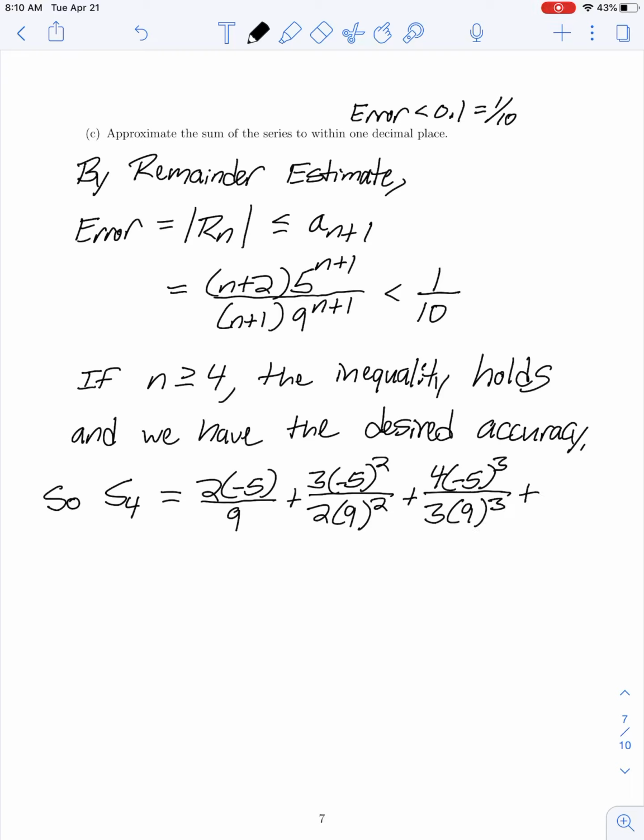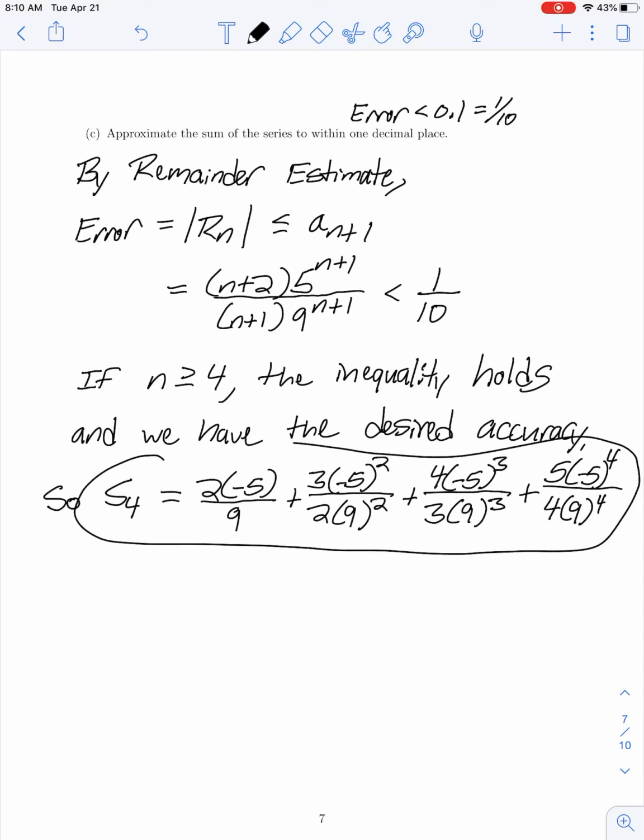And then for our fourth term, we would have 5 times negative 5 to the fourth over 4 times 9 to the fourth. So this sum of the first 4 terms of our series would give us accuracy for the true value of the sum to within 1 decimal place.